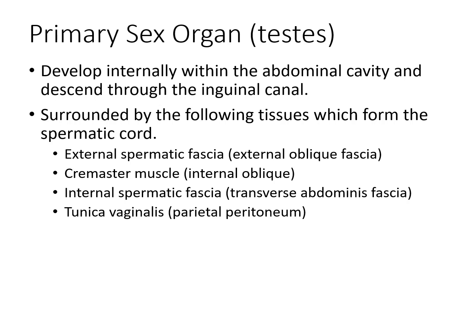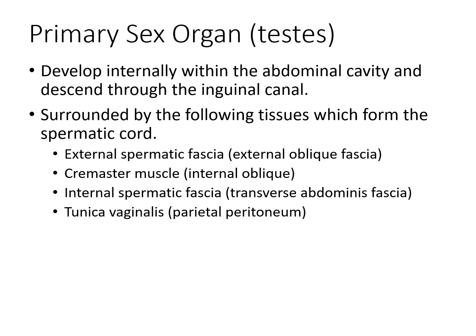The internal spermatic fascia is the fascia associated with the transverse abdominis, one of the deep abdominal muscles. And then a structure called the tunica vaginalis, which is actually the parietal peritoneum, which has been brought outside of the body.